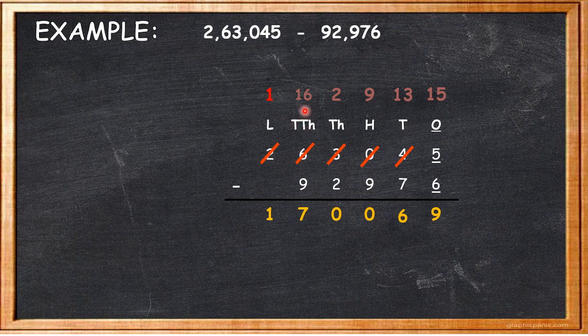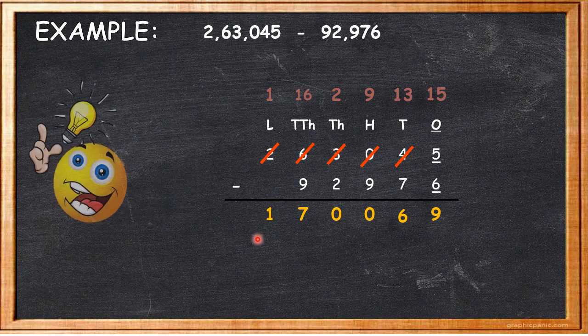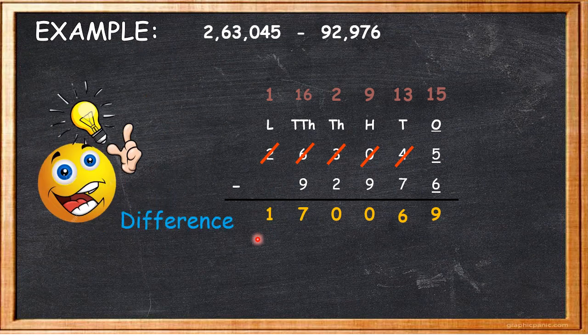Now we can subtract 90,000 from 1,60,000. After subtracting we will get 70,000. So 16 minus 9 is 7. We are writing 7 here. Now the lakhs column, after giving 1 lakh to the 10,000's column, is left with 1. So 1 minus 0 means 1. So here we are having the difference.